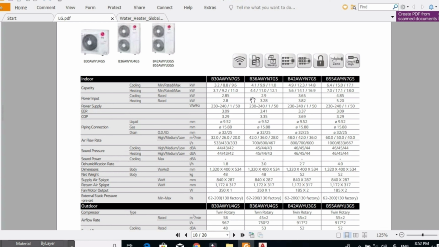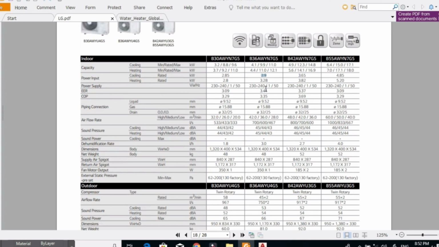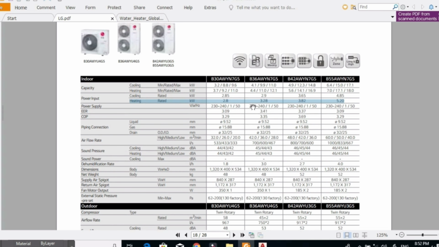If we go here to 36,000 BTU, it will be 2.9, and also here 3.28 kilowatt or 3,280 watt. And here, we mentioned that the voltage is 230 to 240. This is single phase. This is the hertz, 50 hertz.